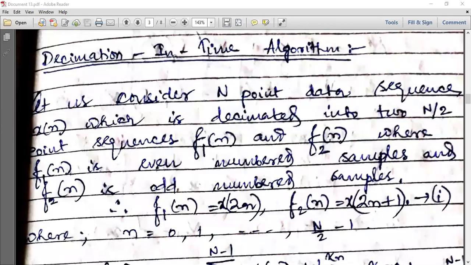Okay. So you see, it's written decimation in time algorithm. Now, what is a decimation in time algorithm? Last class I've already explained. Again, I'm telling you. Decimation in time is done in time domain, and the index n is associated with time.